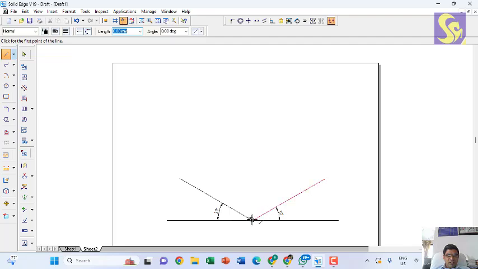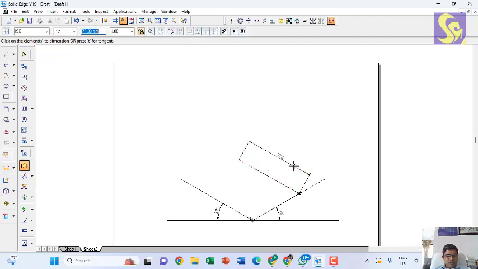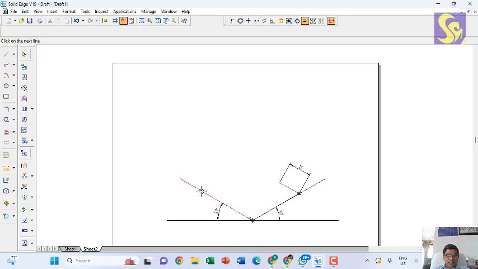So I'll draw a line of 60 mm. And another line whose length is going to be 25, and I'll make it parallel to the axis.